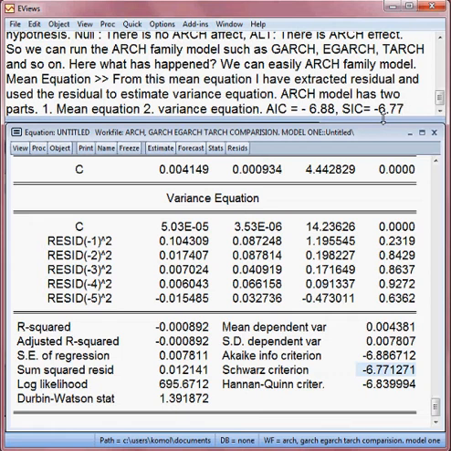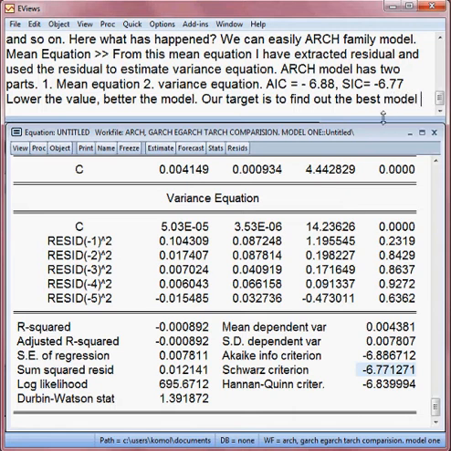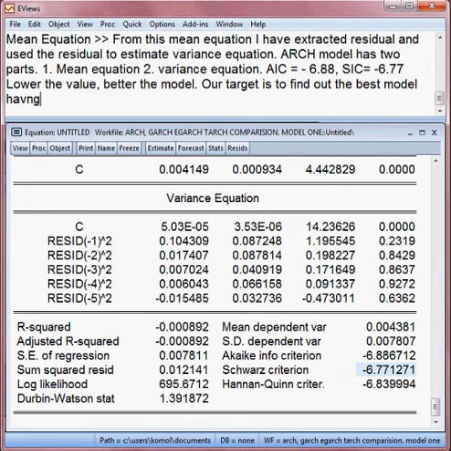And what is the guideline? The guideline is, the lower the value, the better the model, all the time. And here our target is to find the best model having the lowest AIC and SIC value.